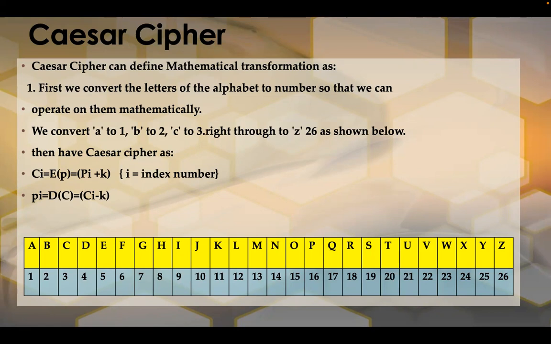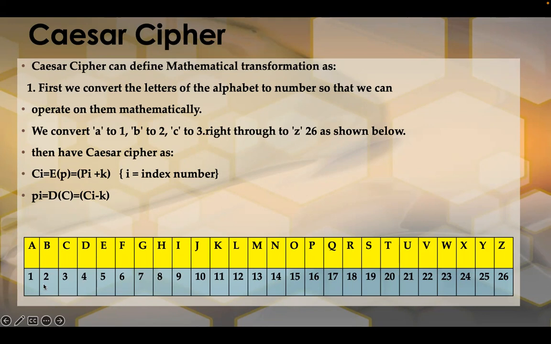We have 26 letters in English, A to Z. We will convert them into index numbers, that is A for 1, B for 2, similarly Z for 26. So this is our alphabet and below it is our index number.